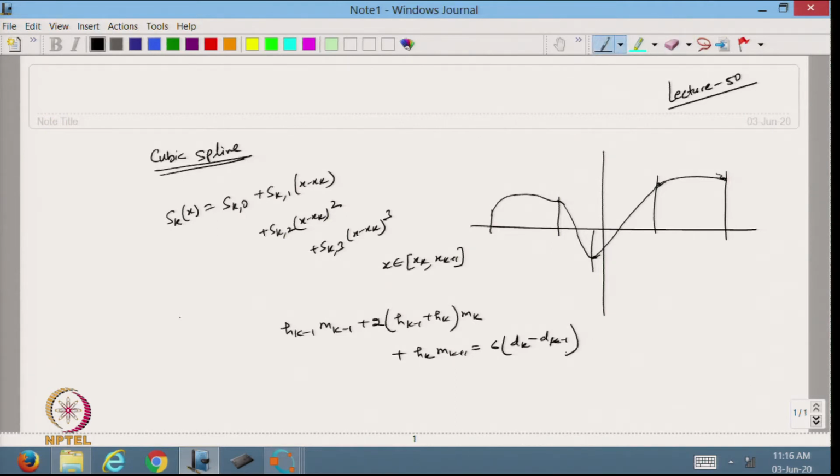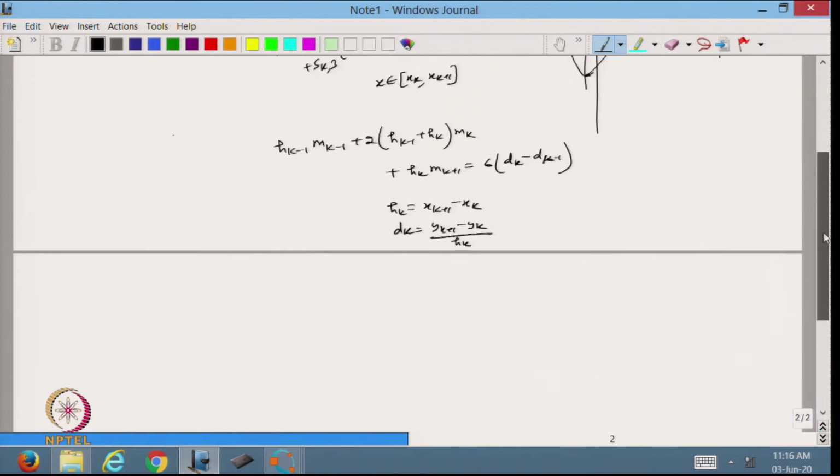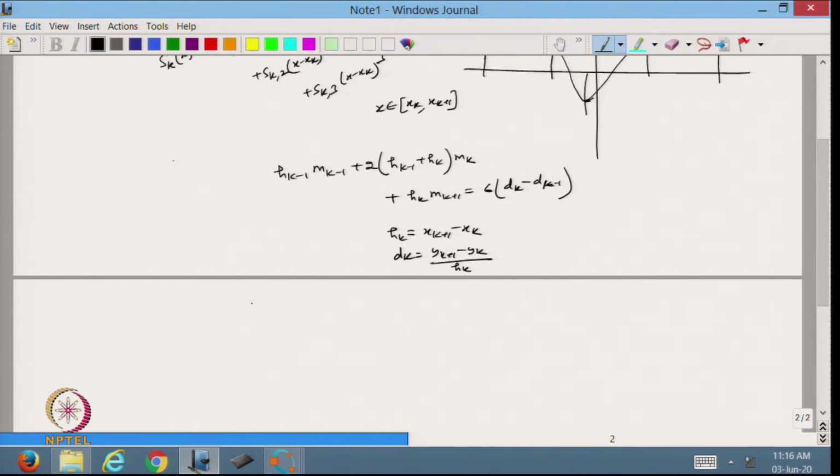Here hk is xk plus 1 minus xk, and dk is equal to (yk plus 1 minus yk) divided by hk. This is the way we have defined it. Now today I am going to use the Matlab code for the natural spline.